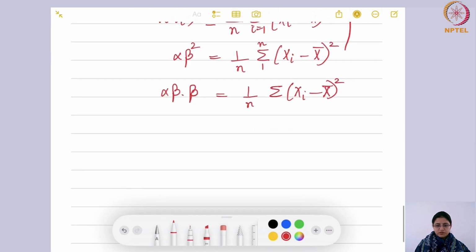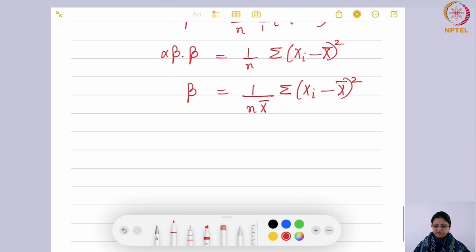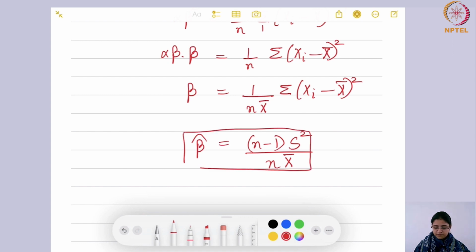Since alpha beta is X bar, beta would be, X bar can come to the right hand side, so this would be 1 over n X bar summation (Xi minus X bar) whole square. Also, you could further simplify this, since summation (Xi minus X bar) whole square is n minus 1 times the sample variance, and this is n times the sample mean. So beta hat is basically this quantity.